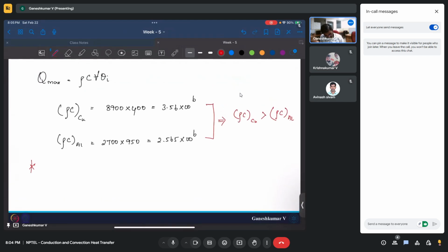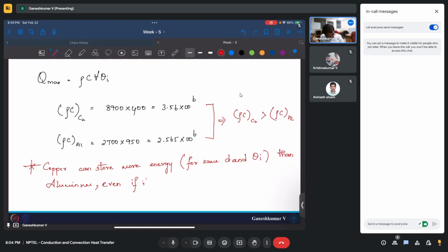So which means copper can store more energy for the same diameter. That is important, for the same diameter and the temperature theta i, than aluminum, even if its heat capacity is lower.